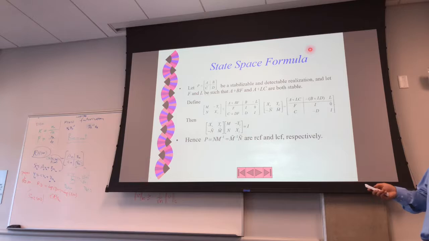Usually when we have a right coprime factorization, then from the Bezout identity we should be able to find X and Y and R. But now they use L, and they say this left and right coprime factorization are linked by these identities.